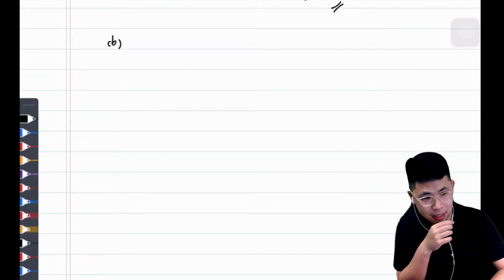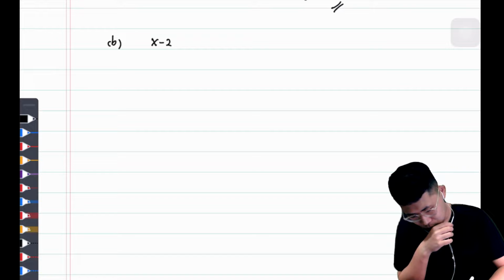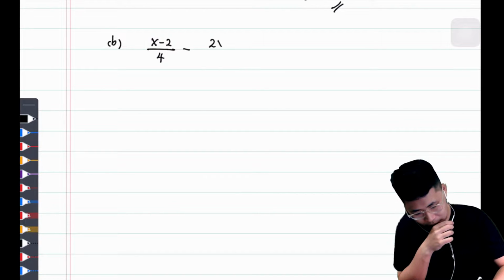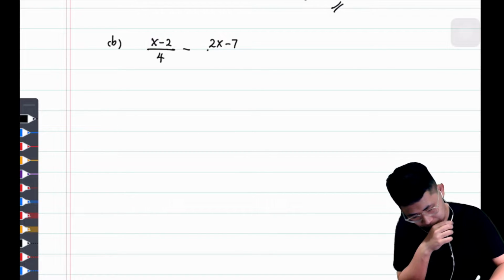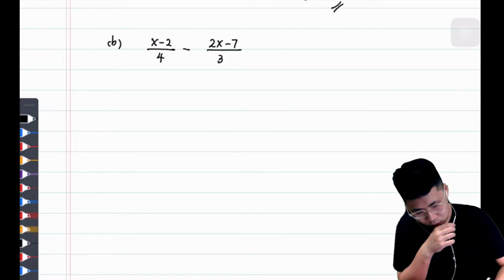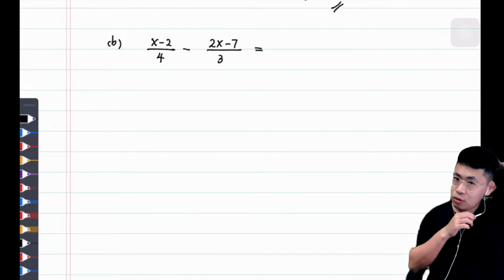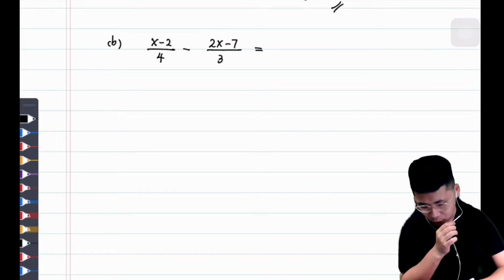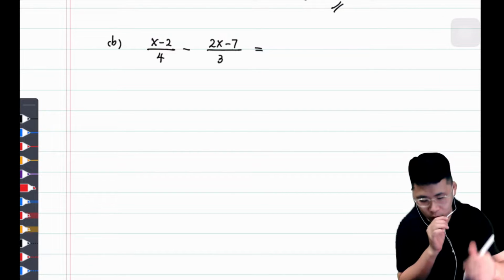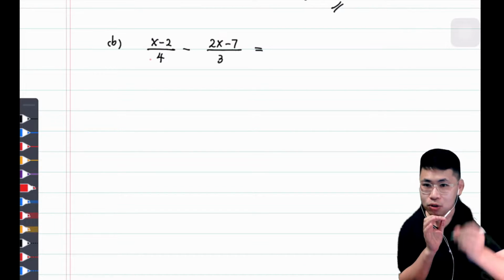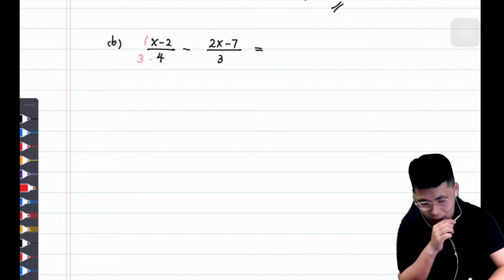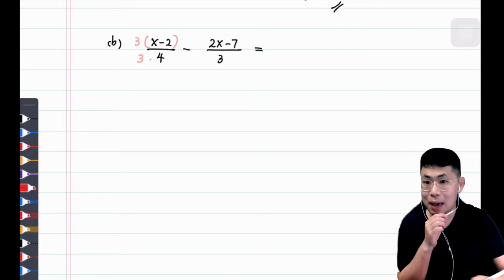For part B, we have x minus 2 over 4 minus 2x minus 7 over 3. Before we continue, for 4 and 3, what would be the suitable denominator? The suitable denominator is going to be 12. So 4 times 3 will give me 12, so multiply by 3 at the bottom, multiply by 3 on top to balance.